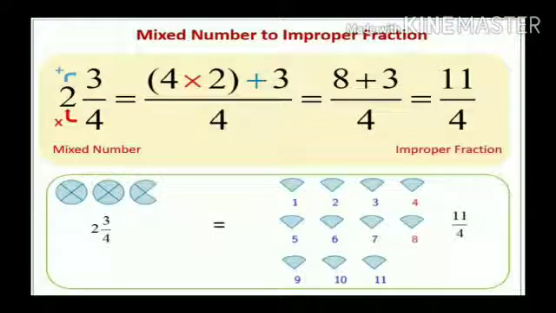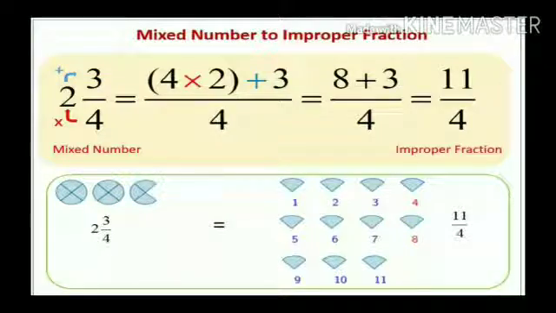Now see this example, you will understand more clearly. Here the mixed fraction is given as 2 whole 3 upon 4. In this example, it is clearly shown which number you have to multiply and which number you have to add. Here you can see you have to multiply 4 by the whole number, which is 2, and then add the numerator, which is 3.